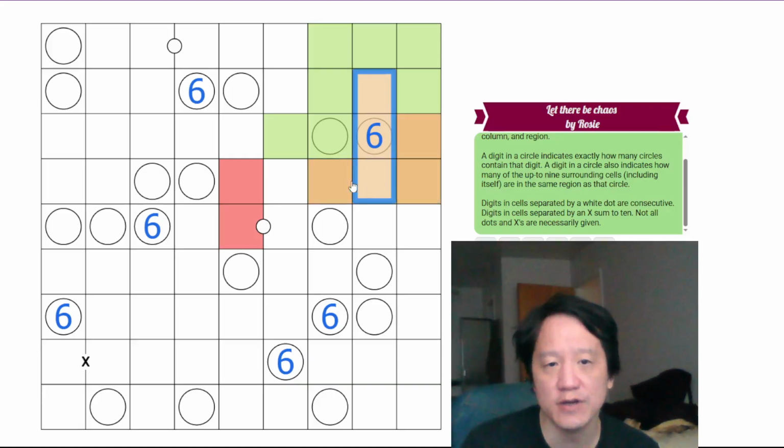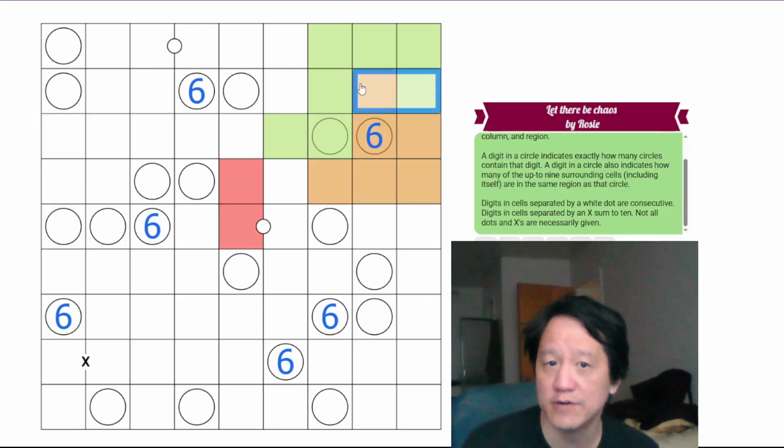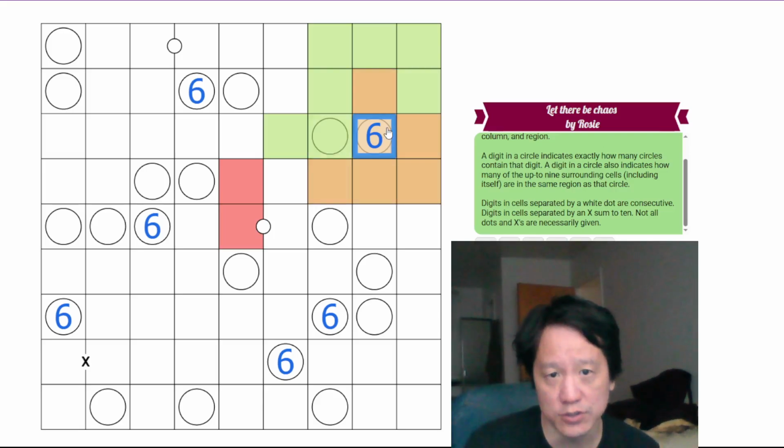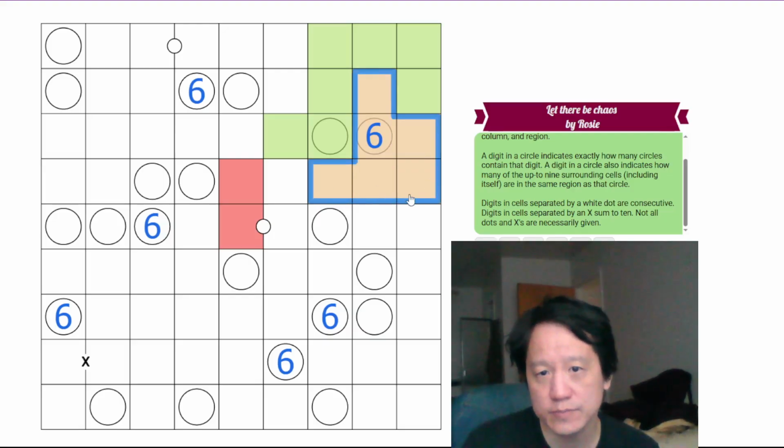So this would be a valid representation of this because we would have 1, 2, 3, 4, 5, 6 cells of the 3x3 area that is centered on the circle are part of the same region. And that's how circles work.